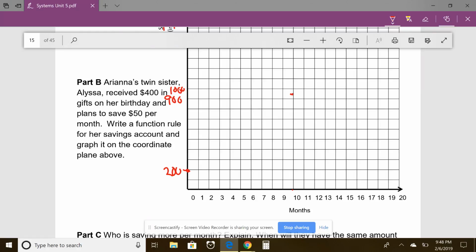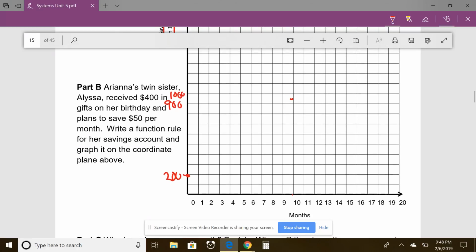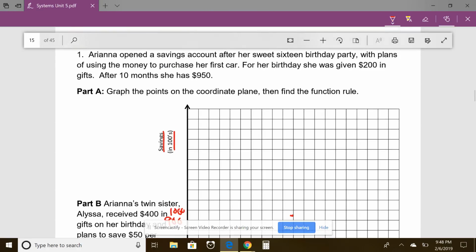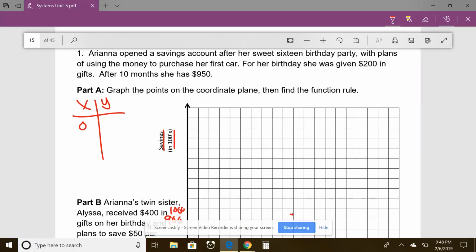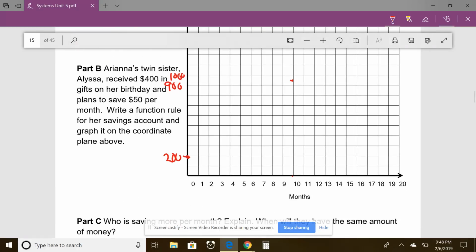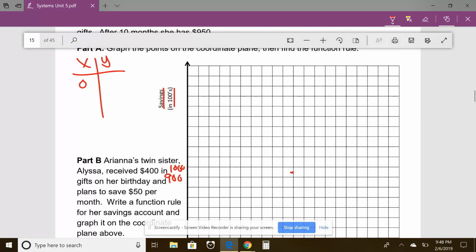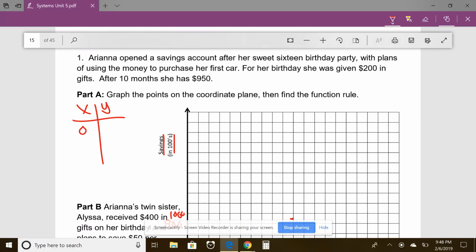Now, to be more specific with our line, I'm going to figure out what my rate is, what the slope is. So I'm going to make a table. You're going to start off with 0 for the time, because x is in months. So at the beginning of this entire time, she's given $200.